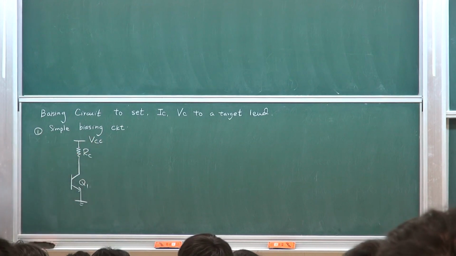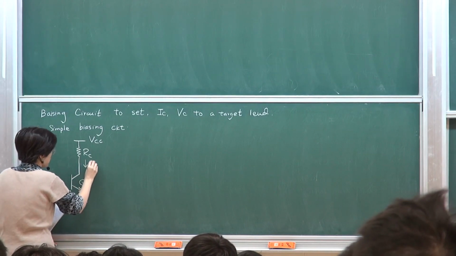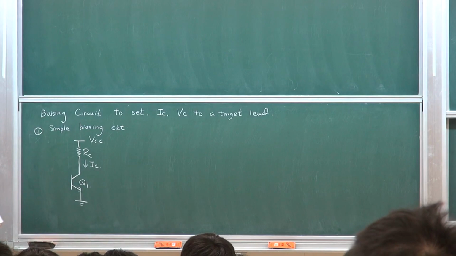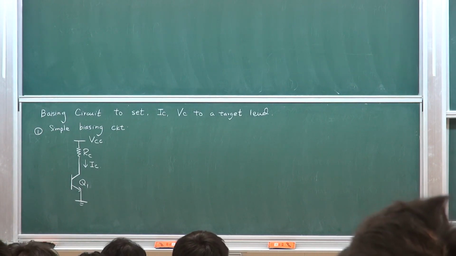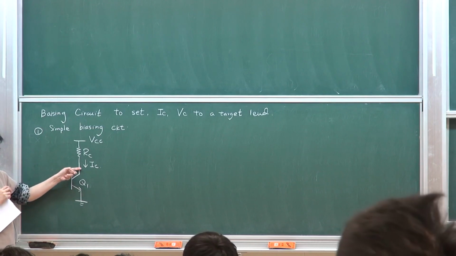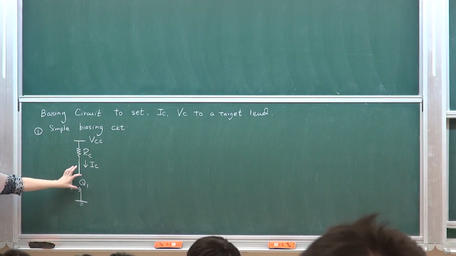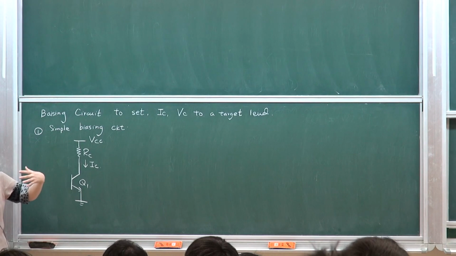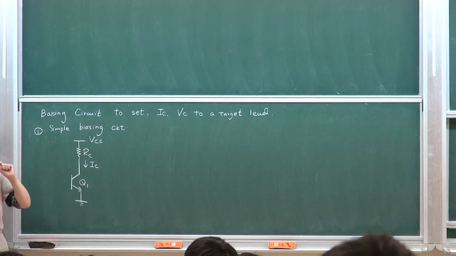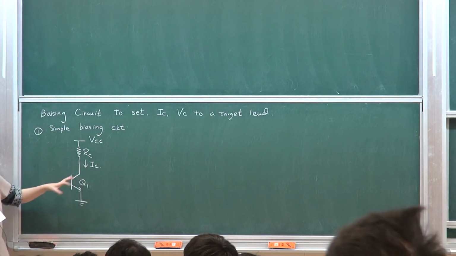You have this current pathway that allows you to establish a current level IC. But if you simply do this, there's a risk of not knowing what the collector voltage will be. If you don't consider the Early effect, and only consider first order approximation, this is a current source, meaning that the voltage level is undetermined.